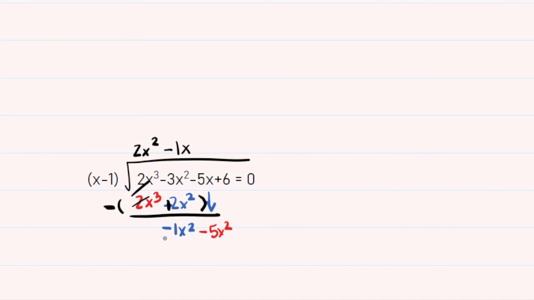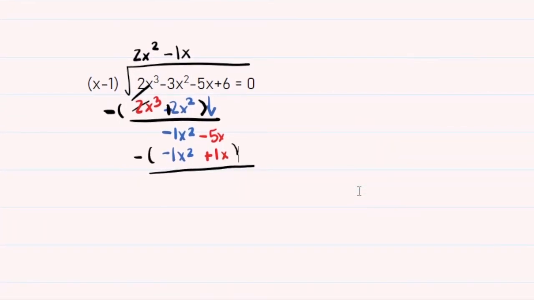We then get negative 1x squared plus 1x. Right? So this will be 0, this will be negative 6 plus 6.